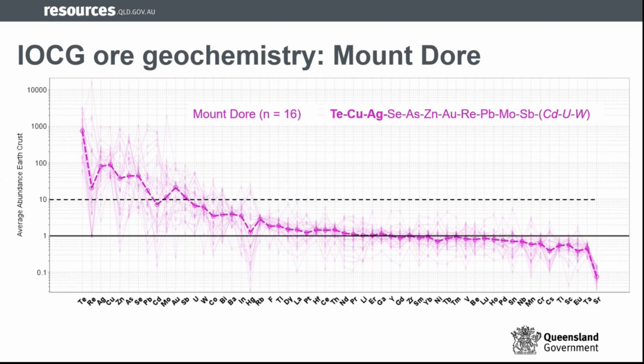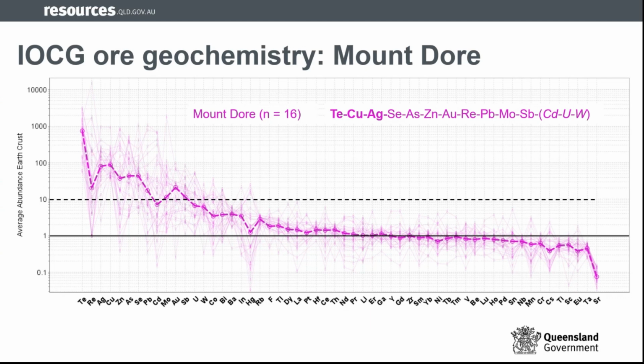Another newest addition to our recent geochemical investigations is Mount Dore, and shown here is the diverse and highly variable signature of this deposit. In many respects, Mount Dore is an exception. Similar to Ernest Henry, which is pretty unique in its signature, Mount Dore is unique in another way.